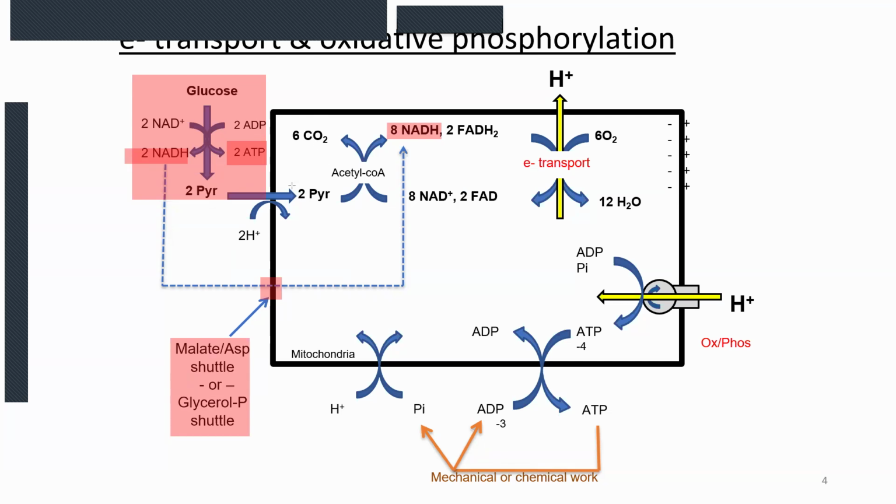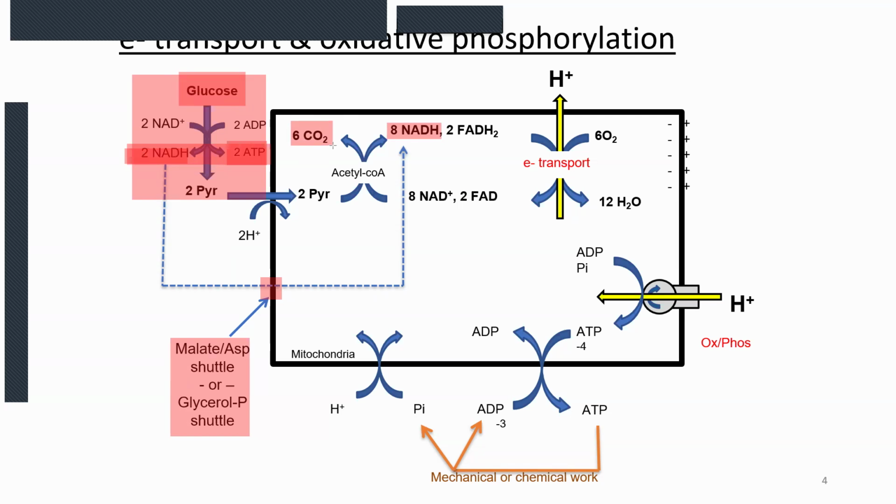So, in summary, what you need to be familiar with is what we get from one glucose molecule. One glucose molecule gives you two NADH and two ATP from glycolysis. After glycolysis and the citric acid cycle, you get six CO2. Remember, there are six carbons in C6H12O6 glucose.